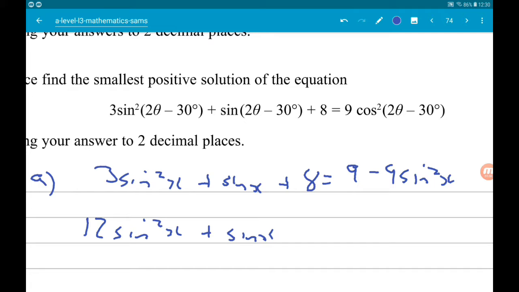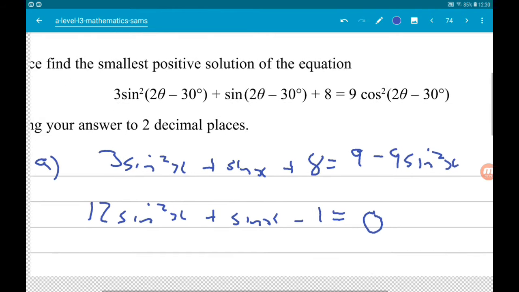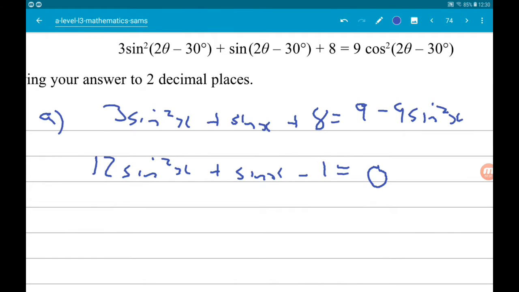And then we're going to subtract 9, so we get minus 1 is equal to 0. Now then, can we factorise that? I think so. I think we can make it work with 4 and 3 sine x. So, let's try it.